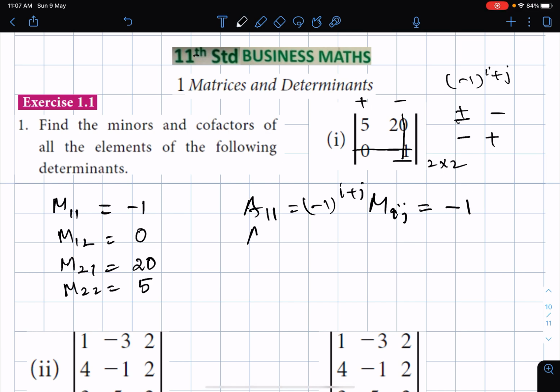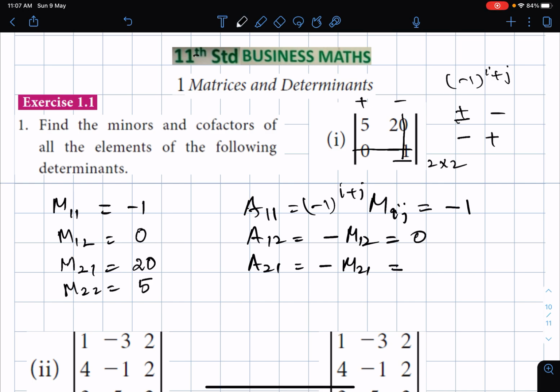For the second one, A12 is minus M12. That is going to give you 0. Since it is 0, no change. Then coming to A21, it is minus M21, because this is odd, so you'll get a minus sign.